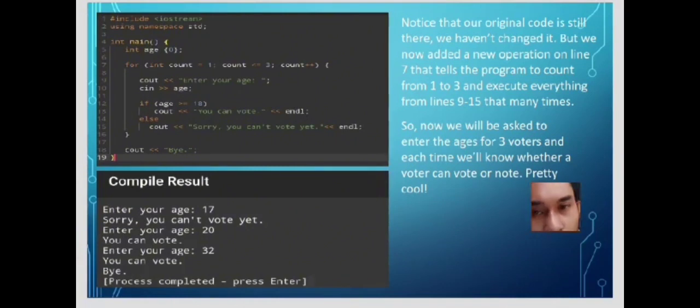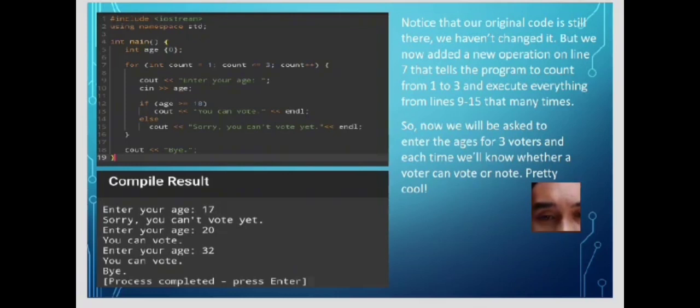So this is the code. Notice that our original code is still there. We have not changed it, but we now added a new operation on line 7 that tells the program to count from 1 to 3 and execute everything from lines 9 to 15 that many times.